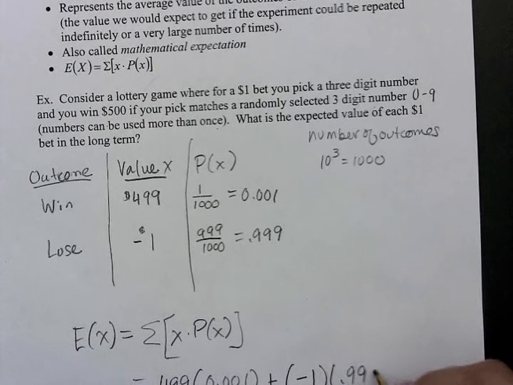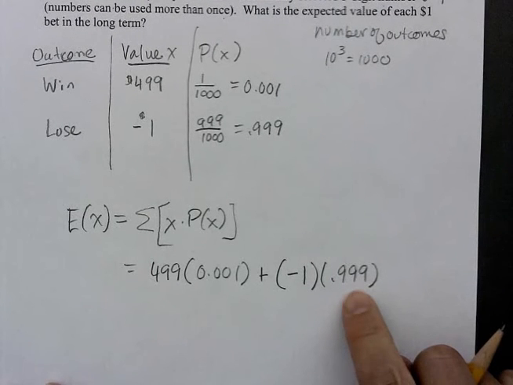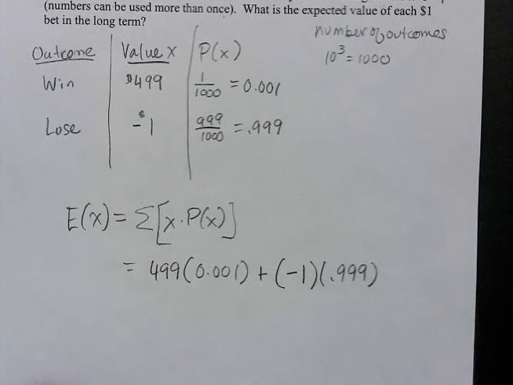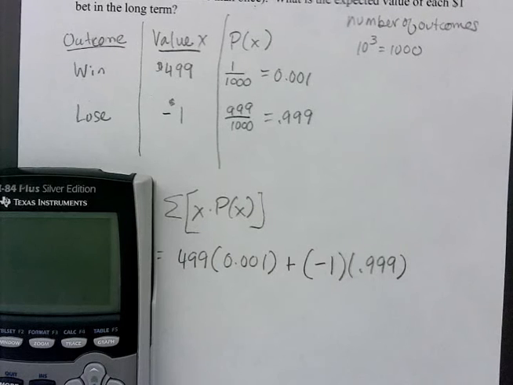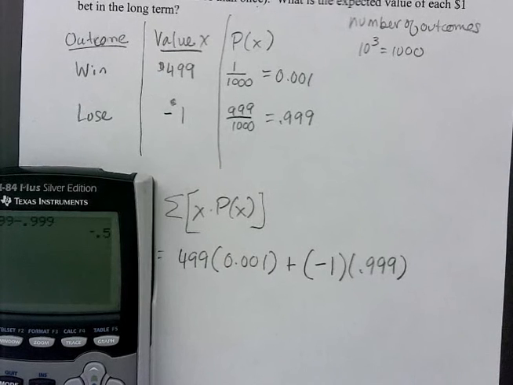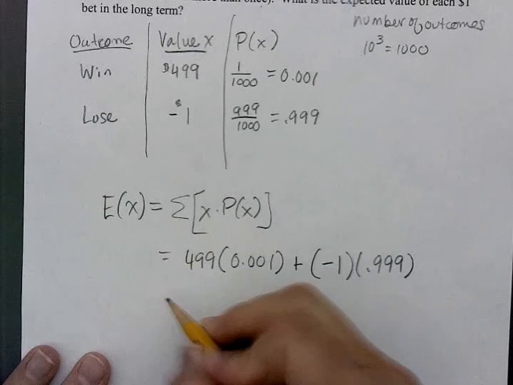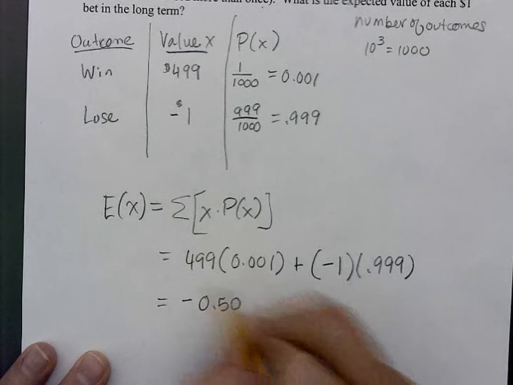And of course the probability of losing is 0.999. So when we put this in the calculator, we can just move the decimal over: 0.499 minus 0.999 will be negative 0.5. And this would be in dollars.